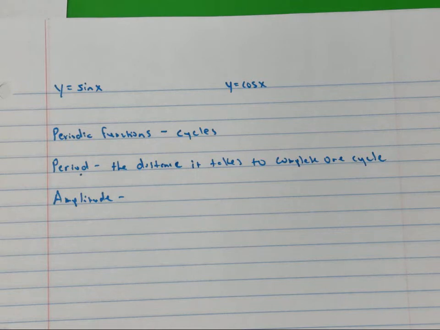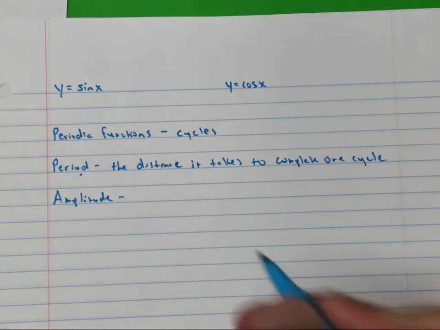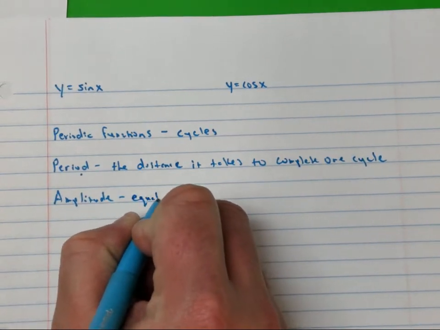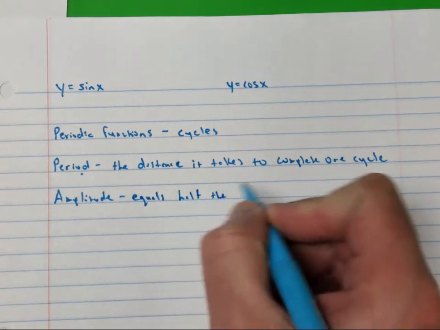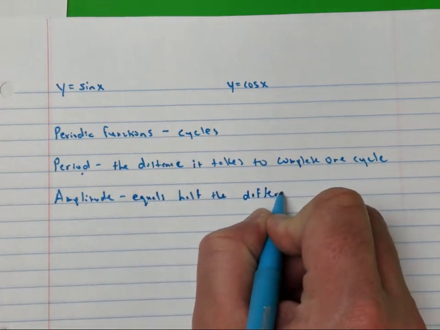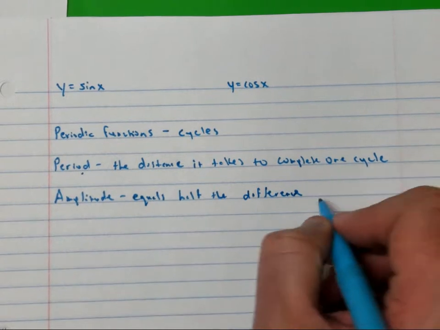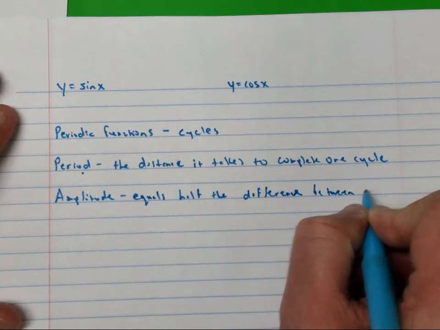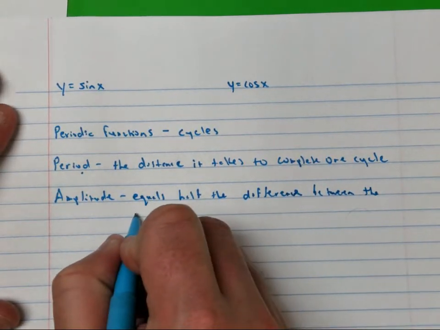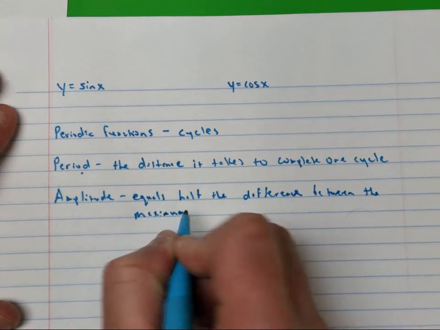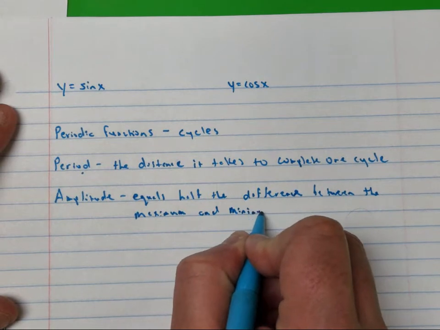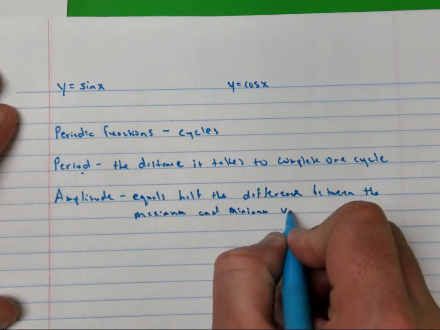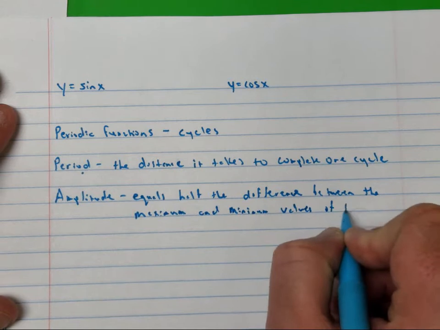Now, amplitude. I'm going to give you the long, fancy definition and then basically tell you what it really means. Amplitude equals half the difference between the maximum and minimum values of the function.